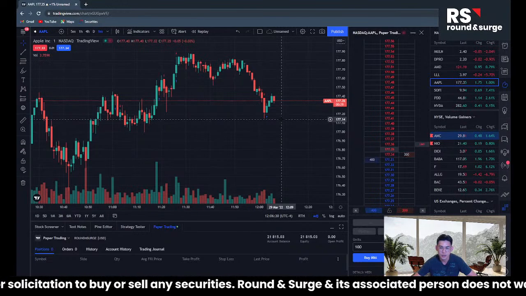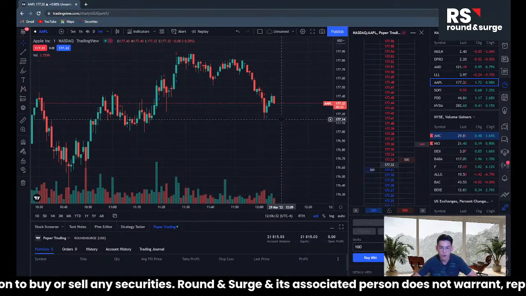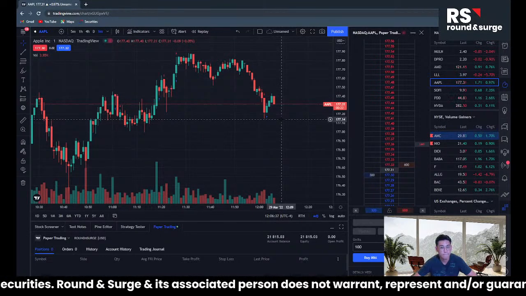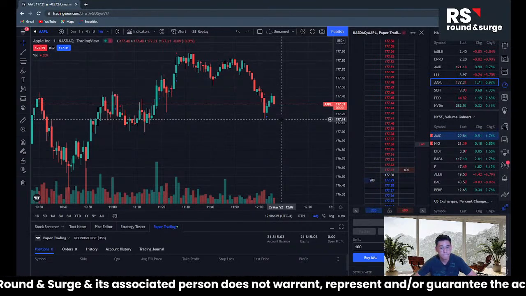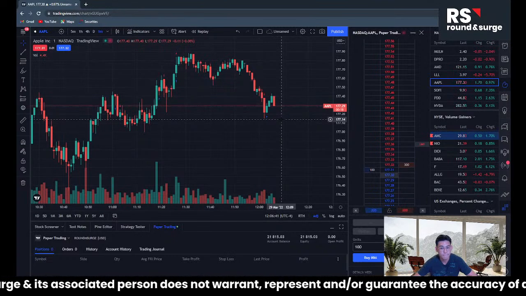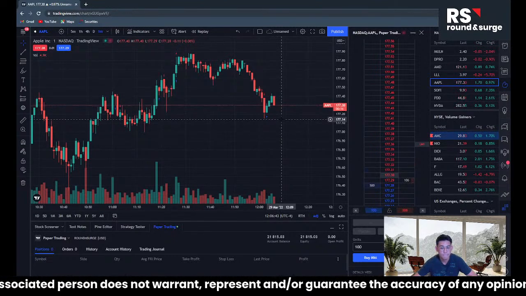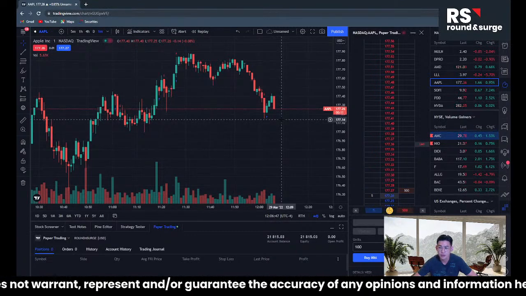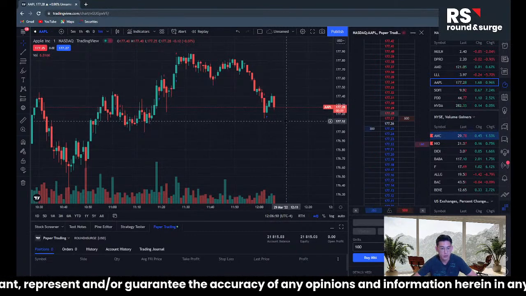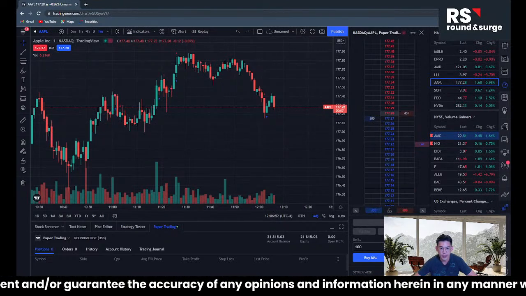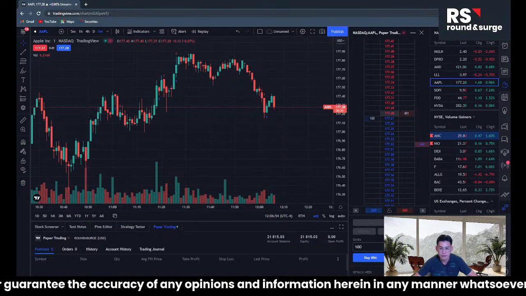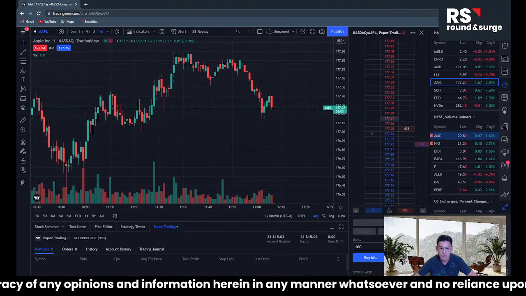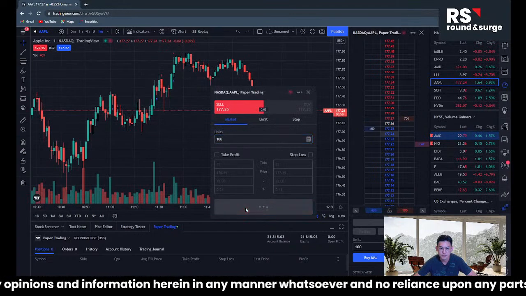Later, just need to wait a bit more. If it's closed at this point, then this is where our short selling entry is. Yes, it is.